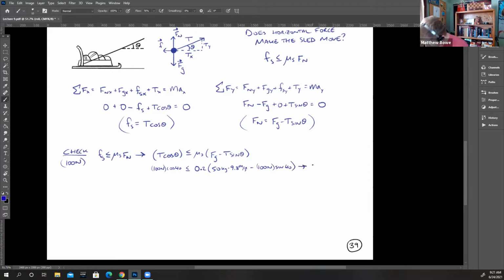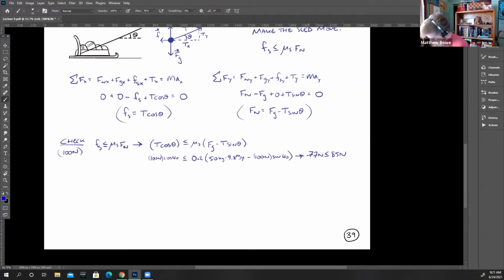All of this shows me a relation of 77 newtons is less than 85 newtons. And what I get out of this proof or check that I'm doing, I see that this does hold true. So 77 is less than 85.